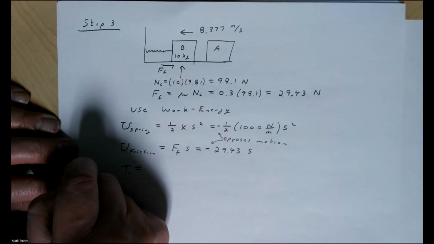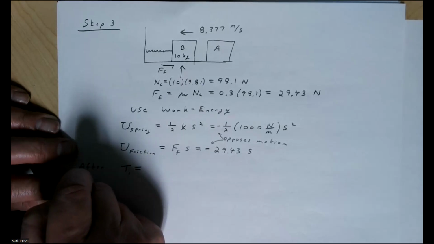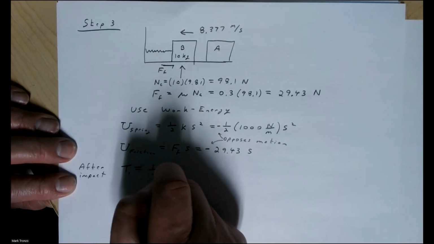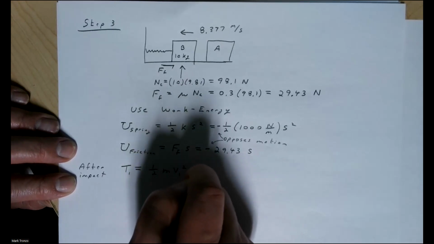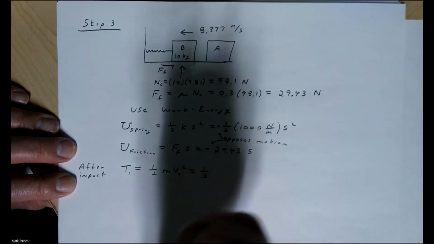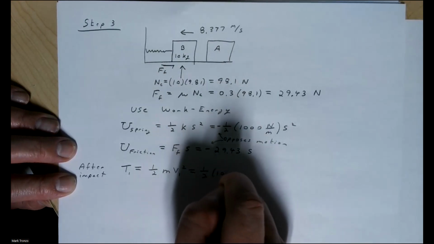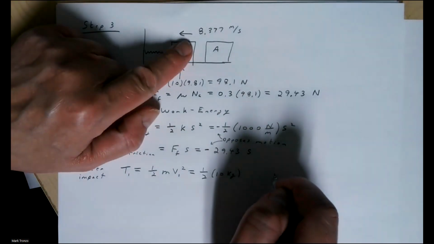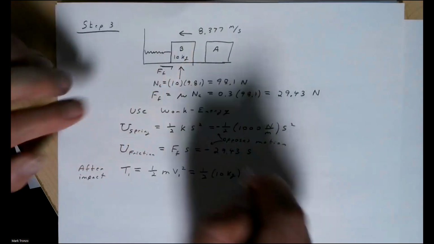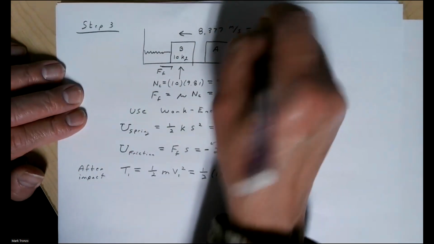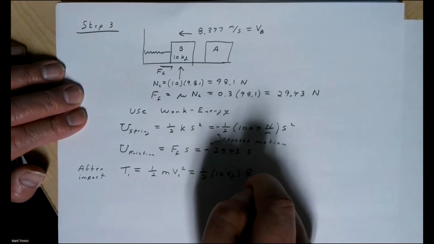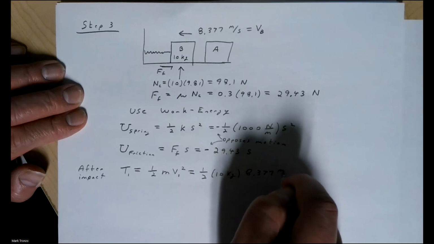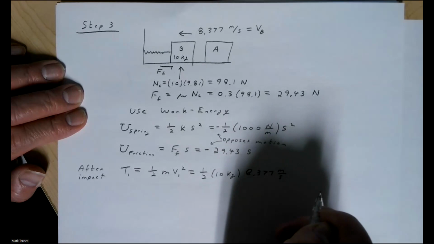So after impact, you have 1/2 m v1 squared. That's 1/2 times 10 kilograms. And the velocity just after impact, we determined that B was moving at 8.377 meters per second.